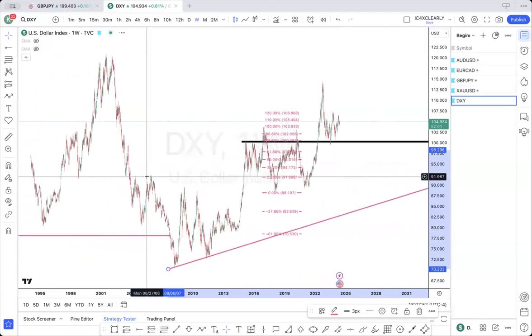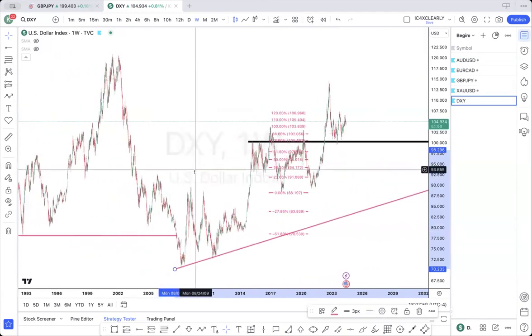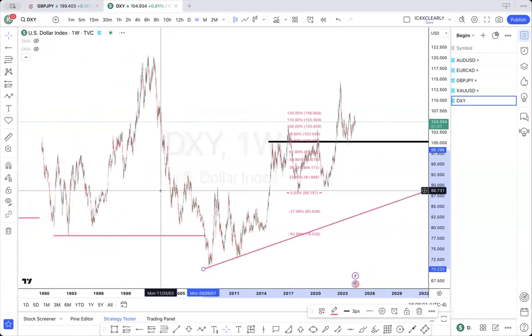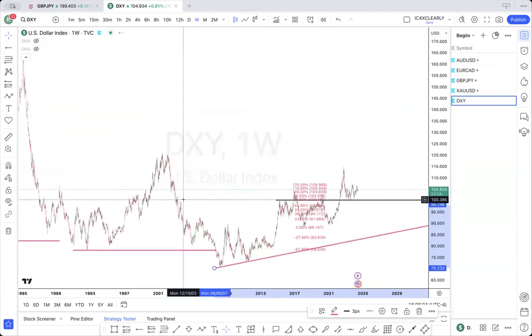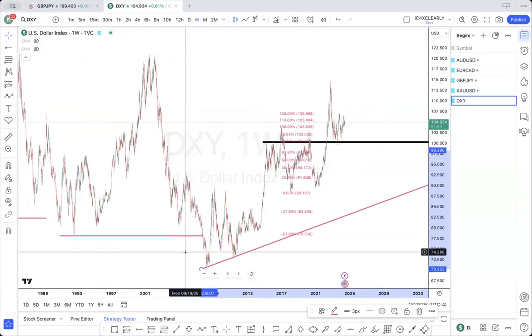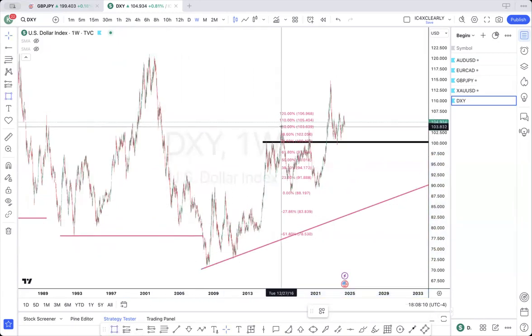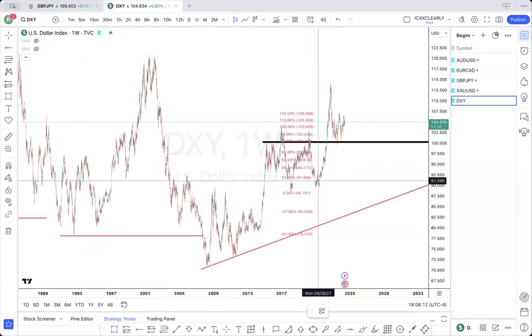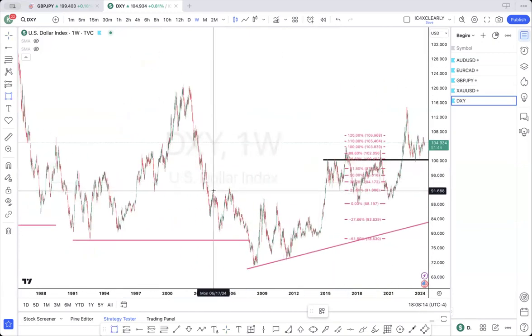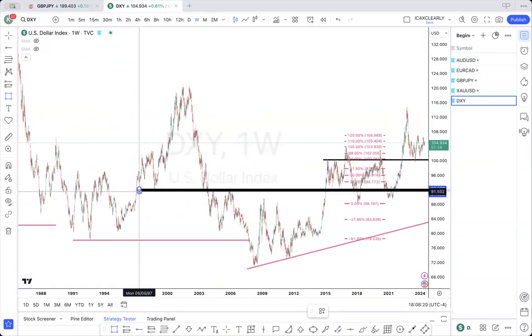Of course, we're on the dollar, so now you can look for the next key level to determine how far this is going to go back down. This would be a zone right here for me.